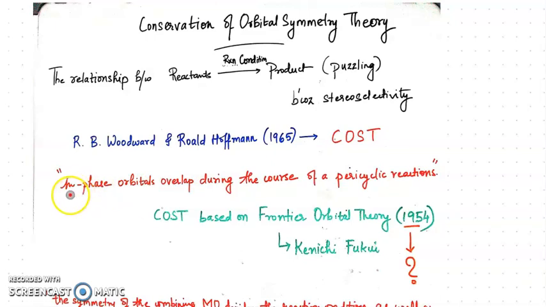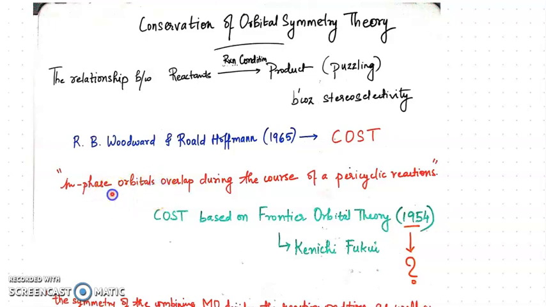Now you know that the molecular orbitals can be in phase or out of phase depending upon the signs that are present on the lobes of the orbital. Whenever two lobes are of the same sign, like plus plus, they will overlap, leading to the formation of the product. So pericyclic reactions always happen when in-phase orbitals overlap.